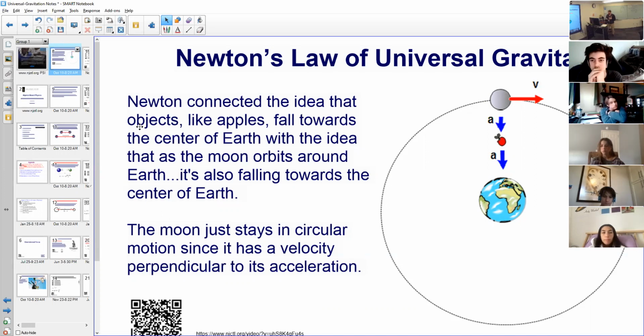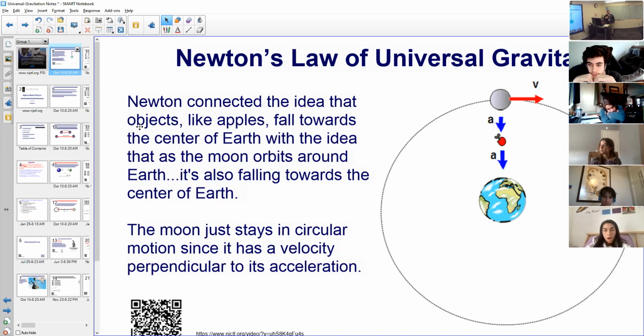And so his idea was, well, the moon is being attracted to the Earth. There is a direct gravity pulling the moon down to the center of the Earth, but it stays in its orbit because it also has this velocity to the side. While it is being constantly pulled to the center, it has a velocity going sideways, which creates this constantly changing path that ends up keeping it in orbit.